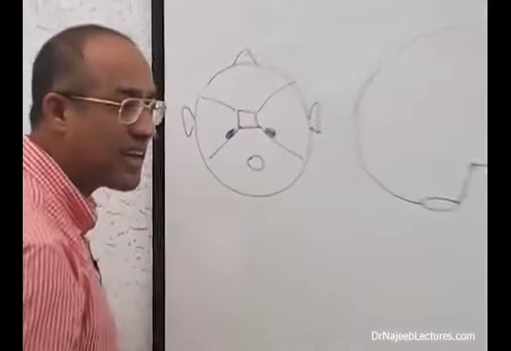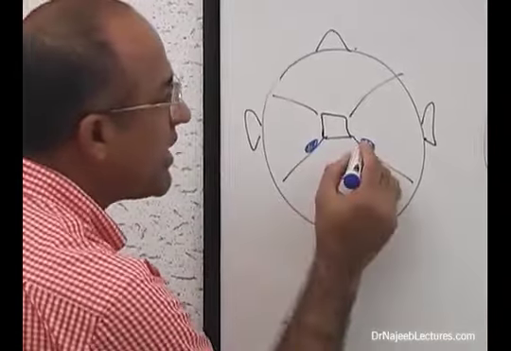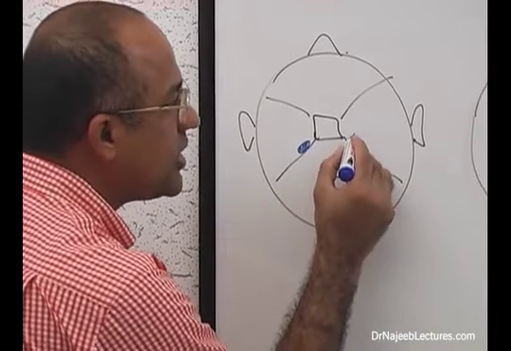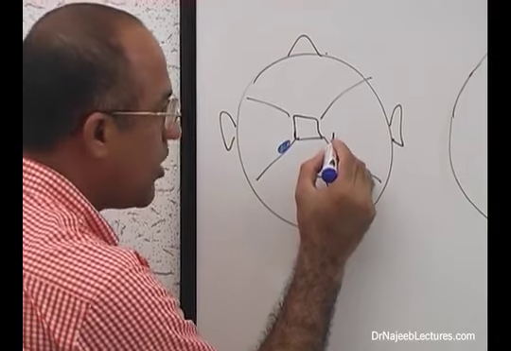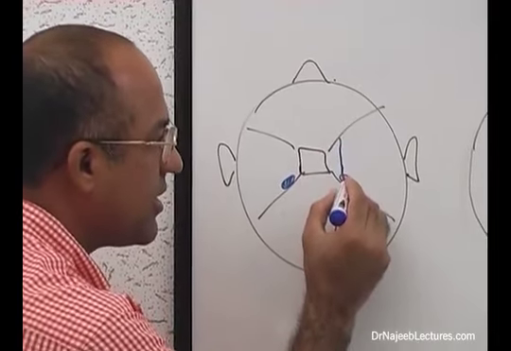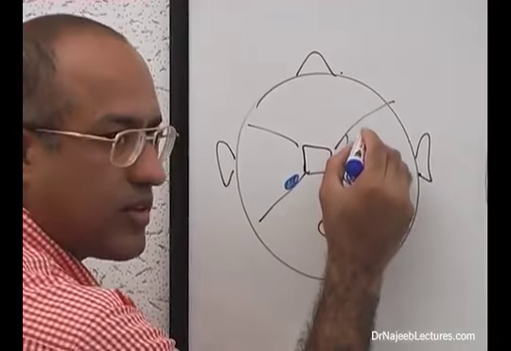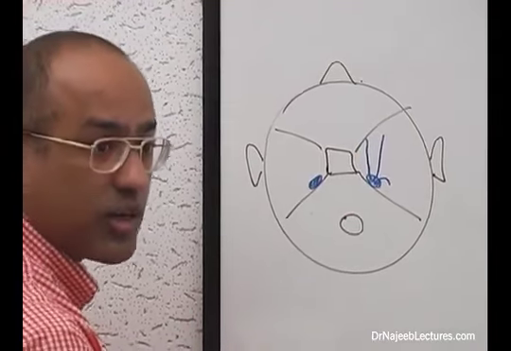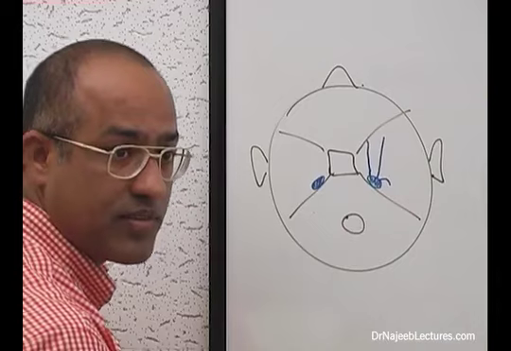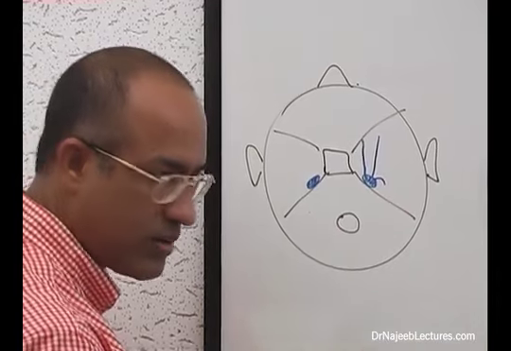Yeah, trigeminal ganglion. Excellent. This trigeminal ganglion, from here, three divisions come of the trigeminal nerve. One is ophthalmic, other is maxillary, and third is mandibular. Mandibular division. Did you know that? Right?